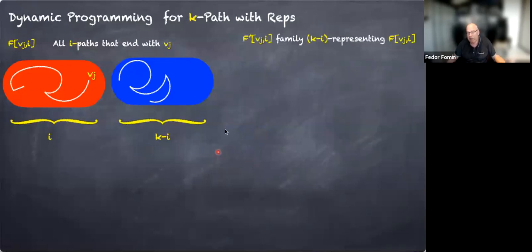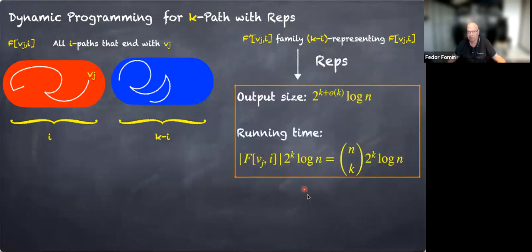Yes, so I want to compute the family F prime of v_j, i. This is the family of sets which k minus i represents the family of sets F of v_j, i. And to do this, I just want to use the algorithm for constructing representative sets.